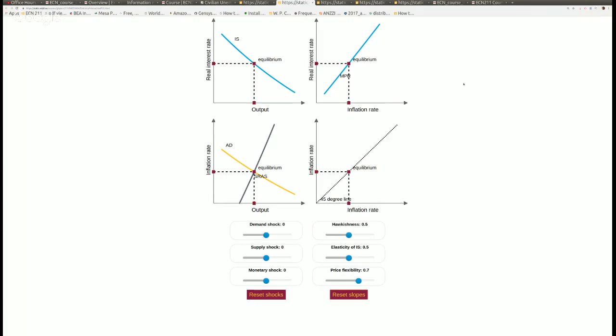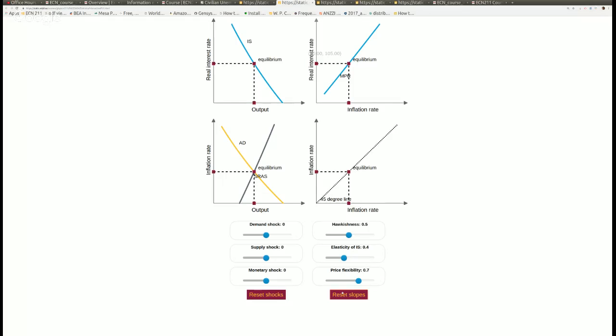So here's our economy. Those three curves determine the shape of the aggregate demand curve. If the central bank changes its response to a change in the inflation rate, that moves the slope of the aggregate demand curve around. The same thing happens if households and businesses get more or less responsive to the interest rate.